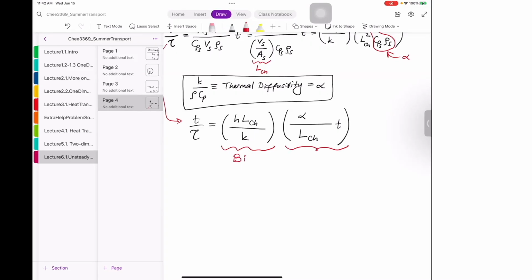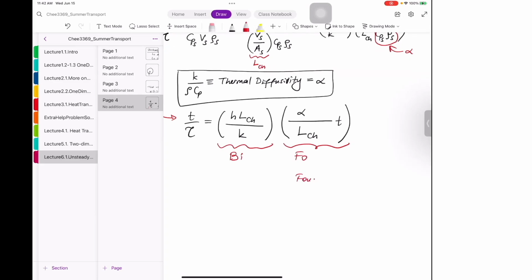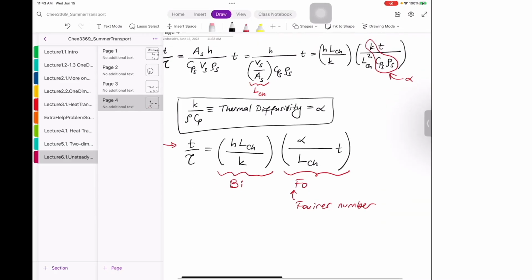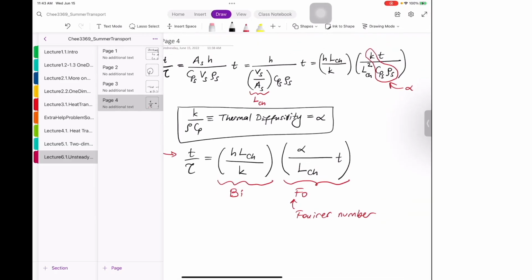We're going to call it the Fourier number. And it gives you an idea about how much time has elapsed in units of characteristic times. Not exactly, but it's proportional to that. Any questions so far?